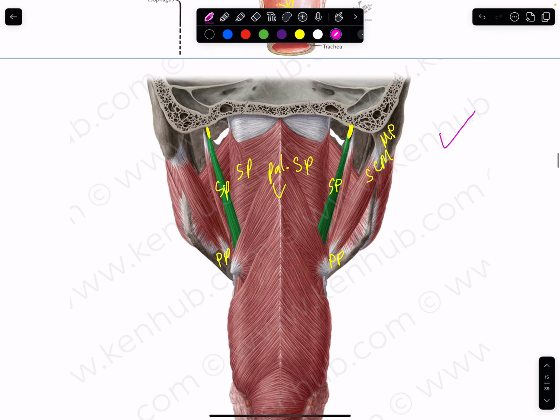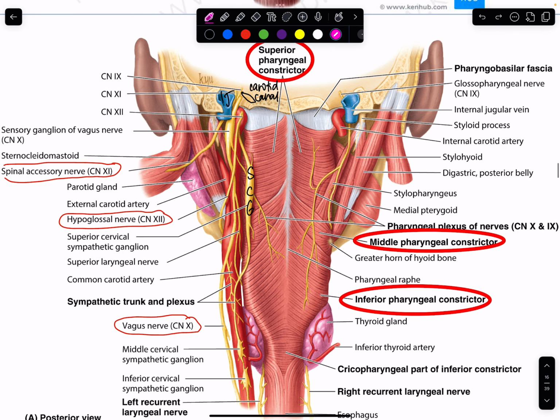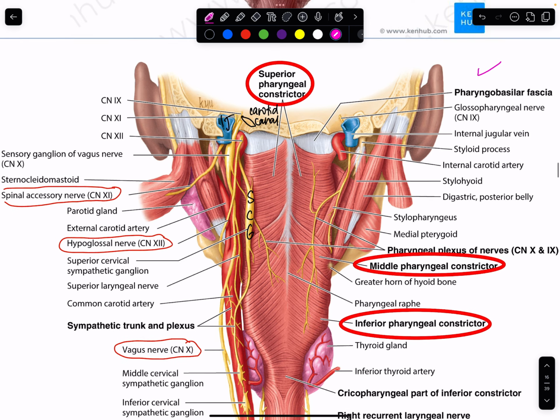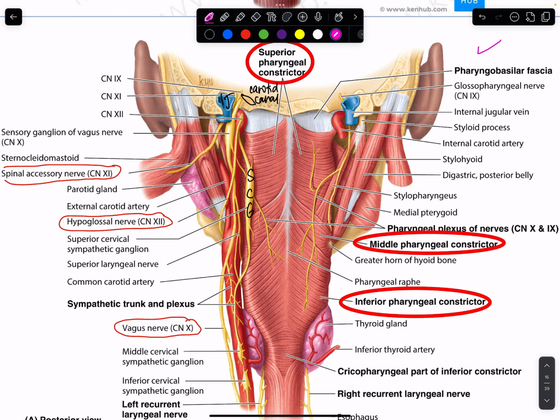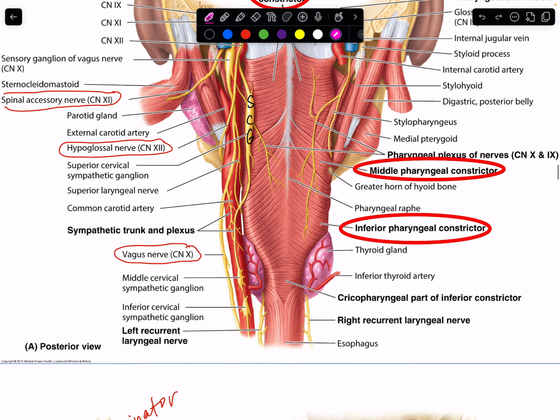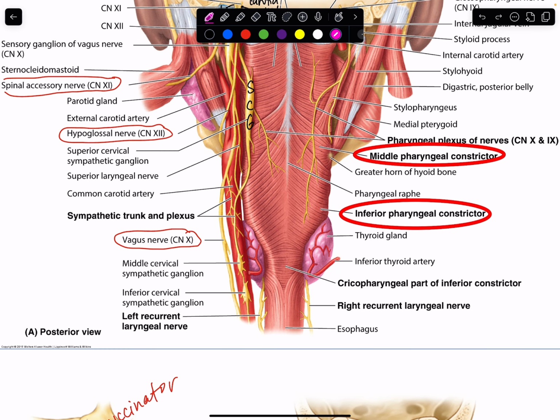Another view of those muscles that we're going to get. This one is a great one. Great picture. You can see a little bit of everything here, beautiful separation of your different constrictor muscles. You've got your vagus nerve coming down here.